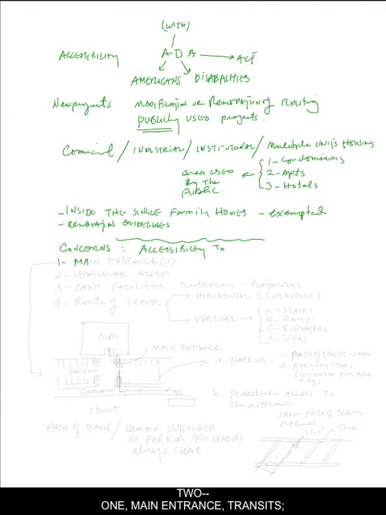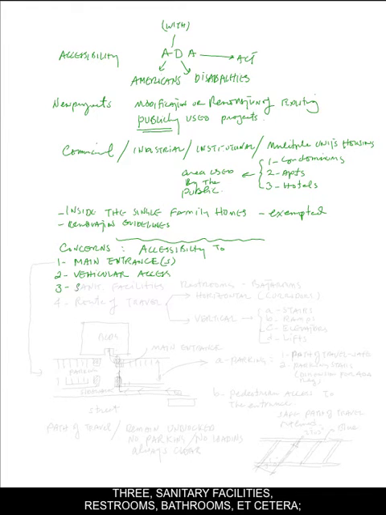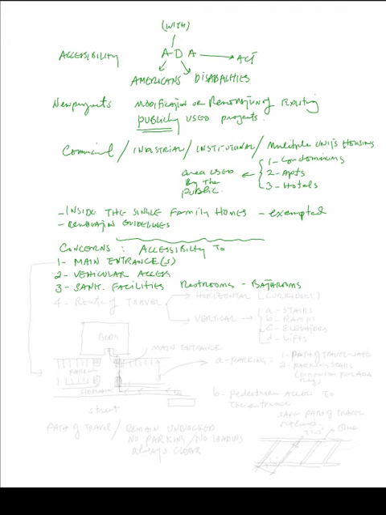One, main entrances. 2, vehicular access. 3, sanitary facilities, restrooms, bathrooms, etc. And route of travel, which means someone being able with disability to go from point A to point B.